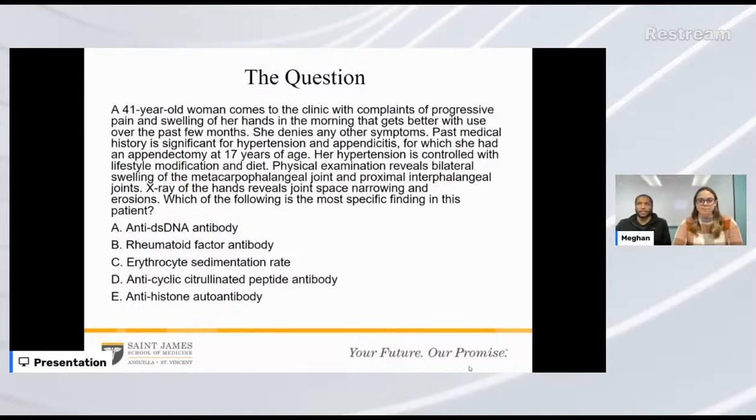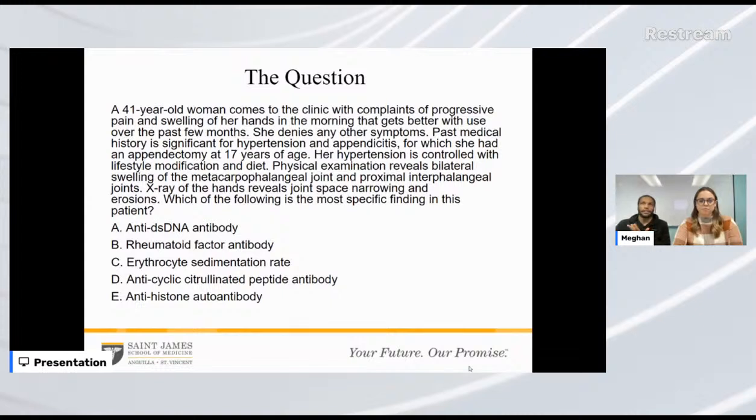On our physical exam, we see two specific joints affected. The metacarpophalangeal joint is basically the joint at the base of your finger where your finger is connected to your hand, if you weren't already aware. And the proximal interphalangeal joint is the next joint out, your first knuckle that's actually on the finger. Those two joints are classically affected in the disease process that this patient has.